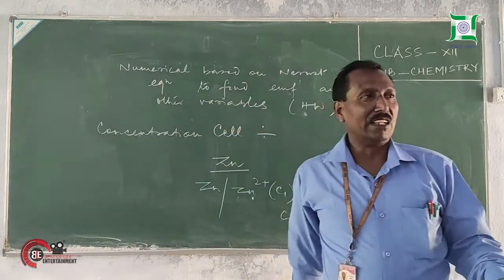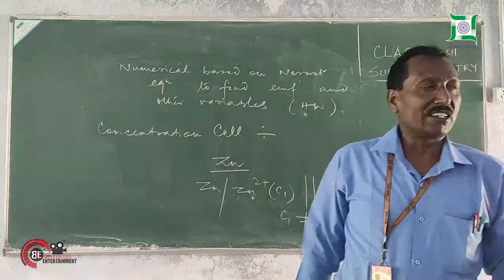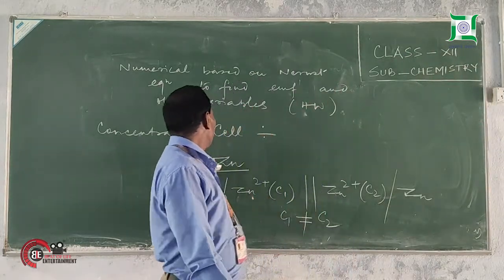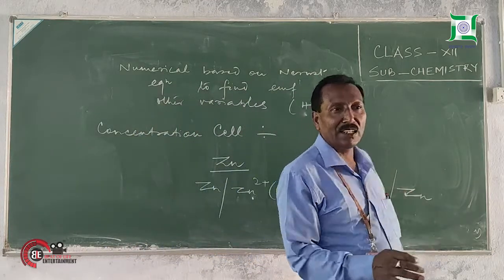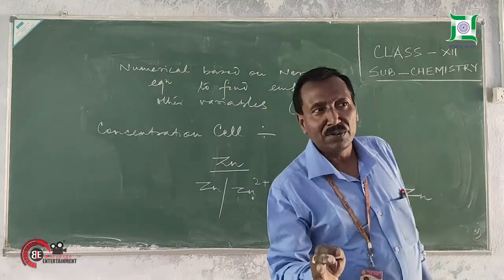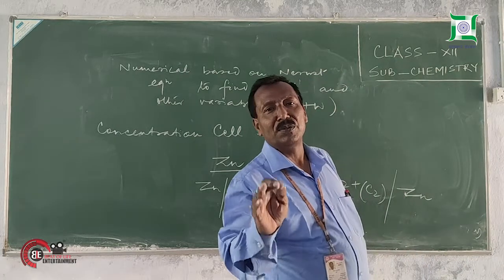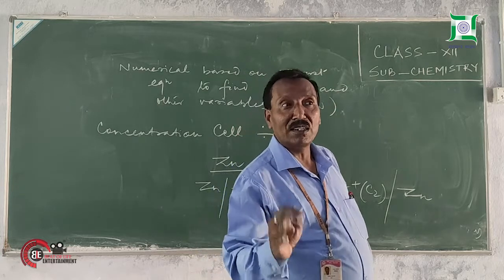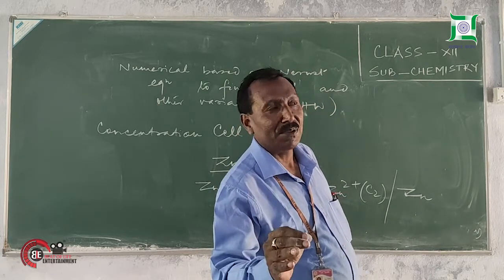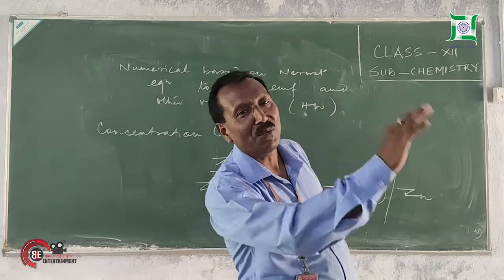So whenever there is a question on define concentration cell, you can easily define it: a concentration cell is a type of galvanic cell which is made up of the same kind of metal and electrolyte, but they have different concentrations of electrolyte.